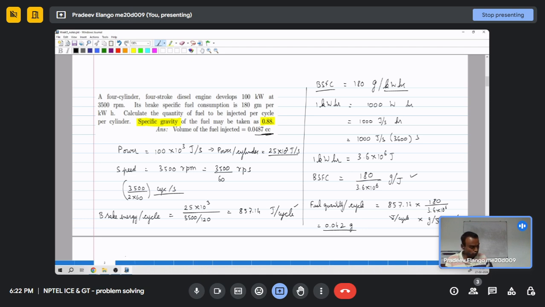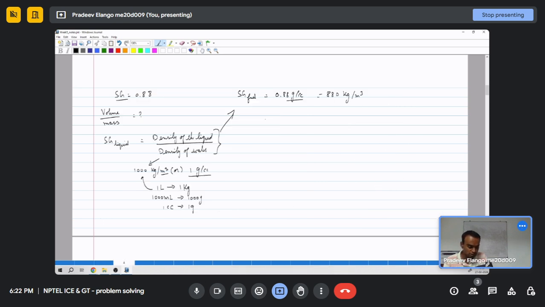So now I know the fuel quantity in mass, that is 0.042 gram. How do I calculate the quantity in volume? Fuel quantity in cc is equal to the mass that I got divided by density in gram per cc.